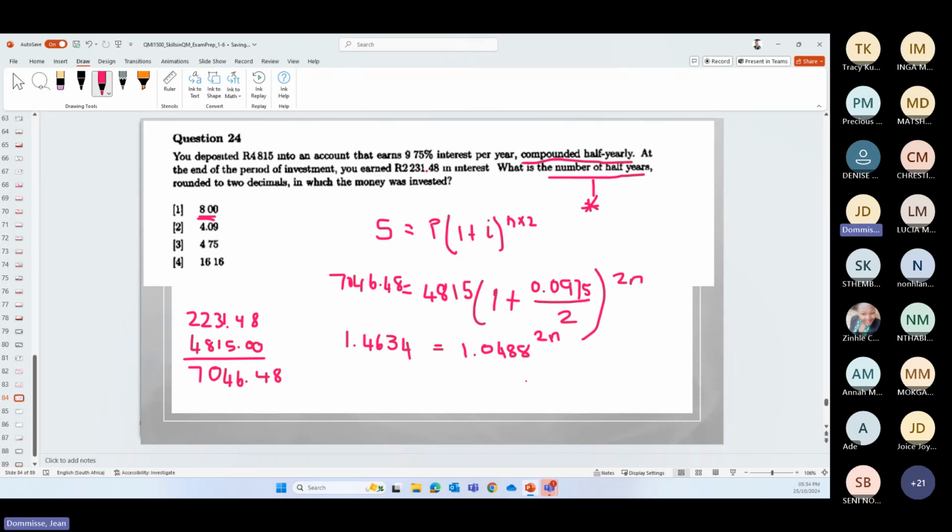Then what we normally do, if you were in this situation where you need to now simplify to get to that n, what would you have done to get rid of that 2n, or to bring that 2n as exponent down into the formula? What would you have done? Let me quickly just ask that before we go on to the next one.